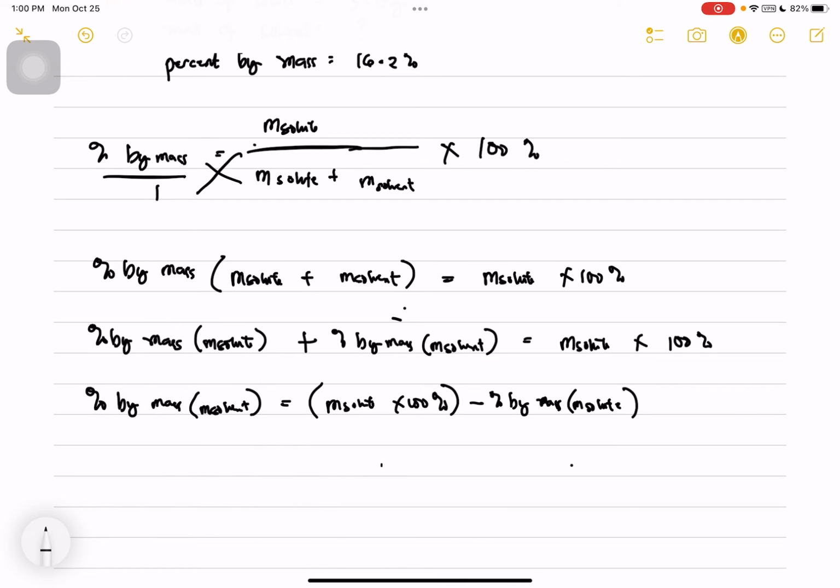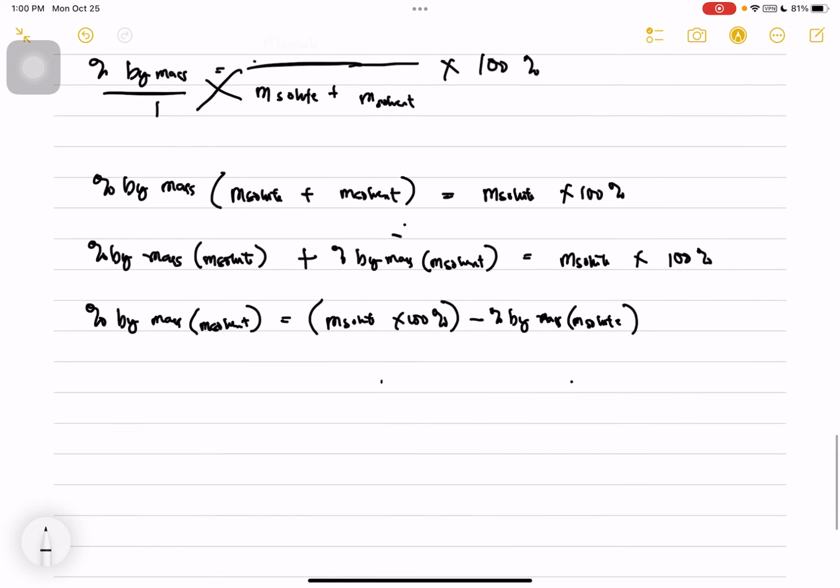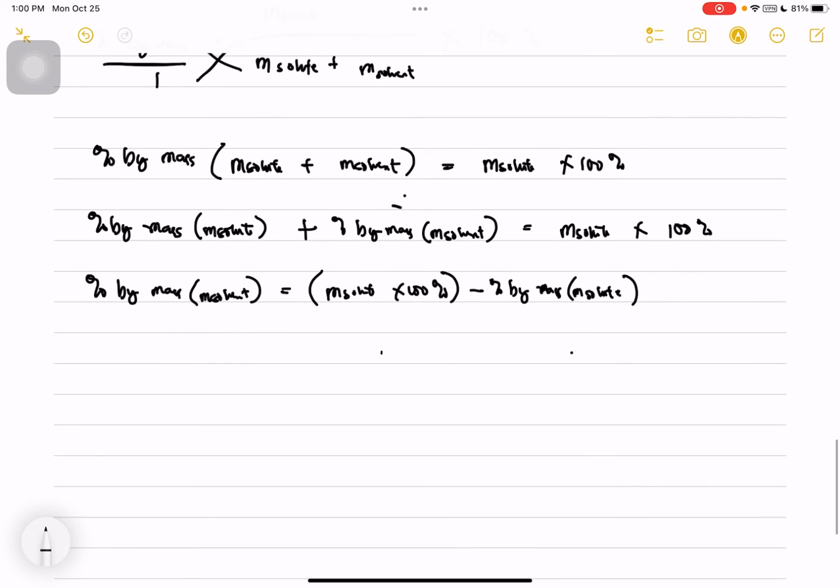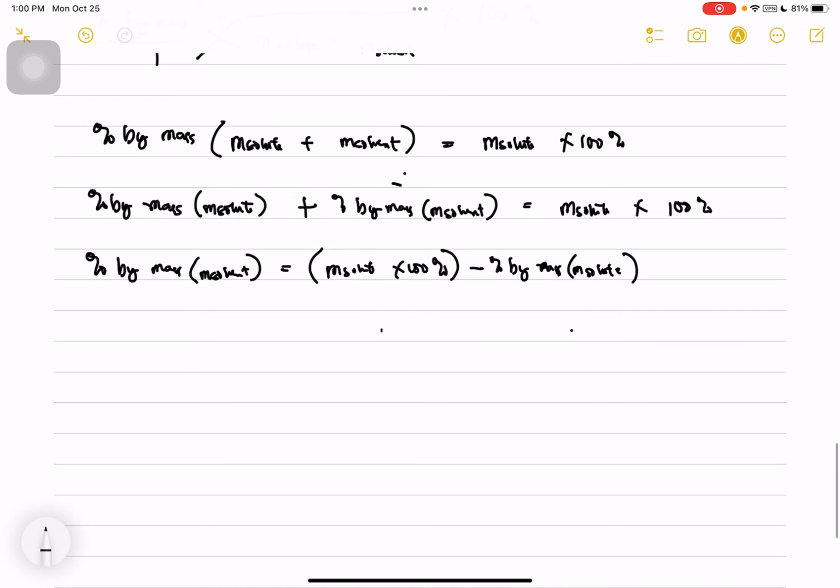So this is not our final formula. Still, we can simplify this one and let us divide both sides by the percent by mass. This is now the division property of equality. So we could cancel the percent by mass on the left side.